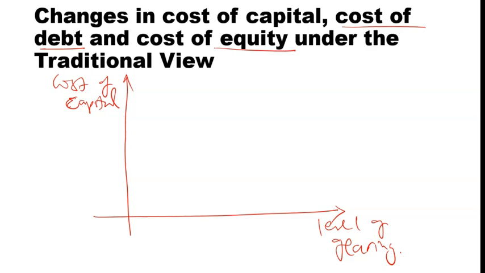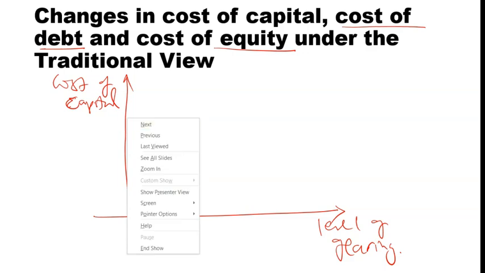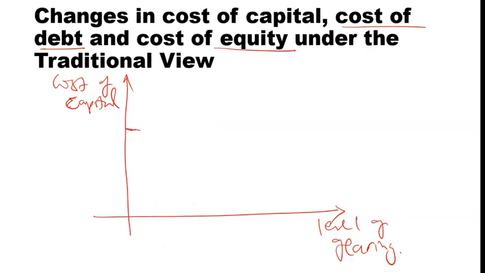So what happens is as we get geared, the cost of equity rises gradually, but then starts to rise exponentially as we get more geared. This is the cost of equity for an ungeared firm.